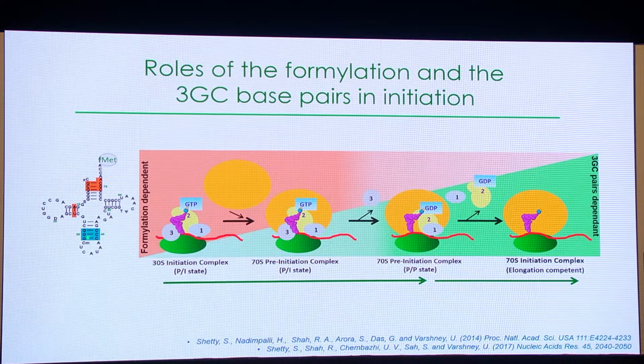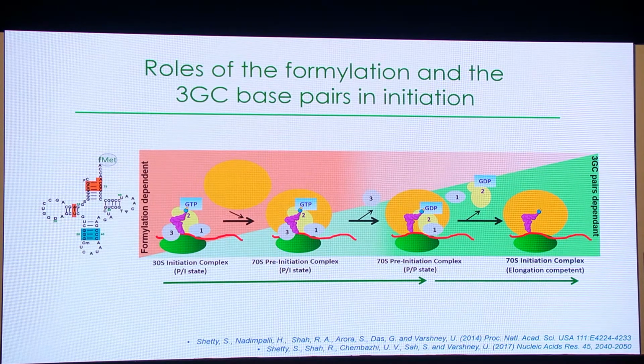But the 3 GC base pairs have a very important role not only in targeting of the tRNA onto the 30S, but also in taking the tRNA through the subsequent steps of initiation and making a 70S initiation complex which is ready for elongation. So these 3 GC base pairs are very crucial. That work was published quite some time ago.